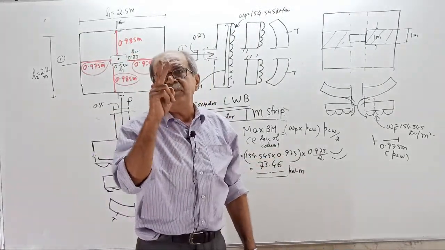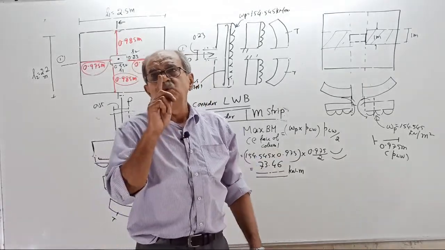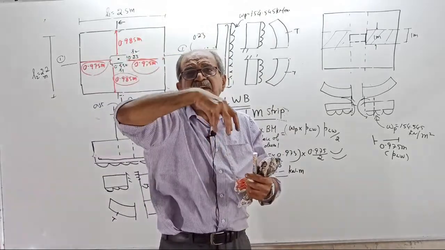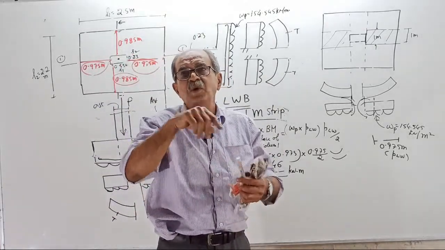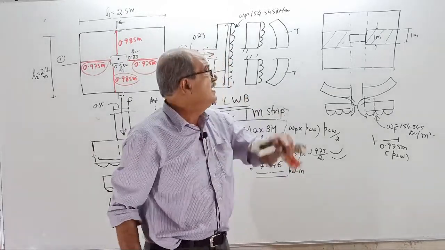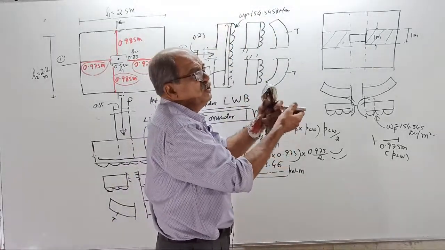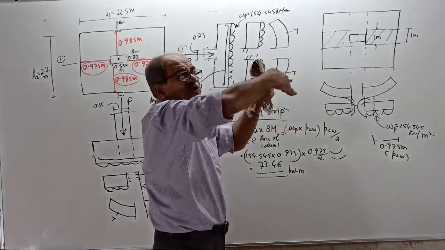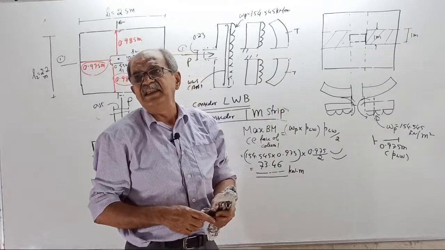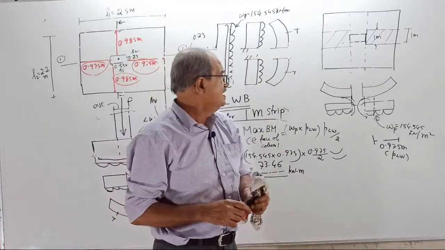One is two-way shear, all-round shear, called punching shear. That is special, I will explain. The other shear is your usual shear, or shear which will create diagonal tension, or one-way shear.